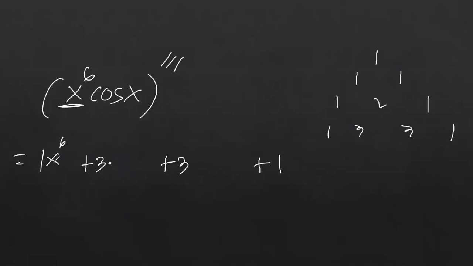Next, you take the derivative of that, so it's 6x raised to the power of 5. Derivative of this again, so it will be 30x to the power of 4. Derivative of this, it becomes 120x to the power of 3. This time, for the second function, you copy the first function first, cosine of x. You get the derivative of that.